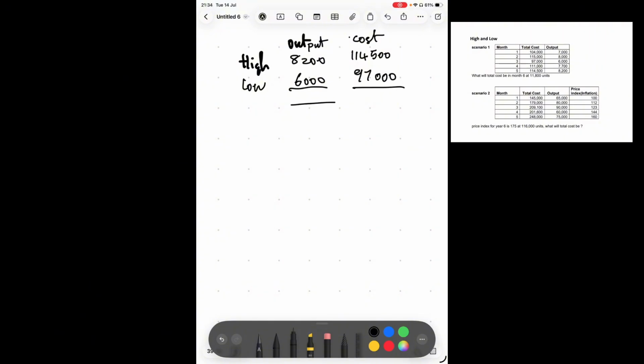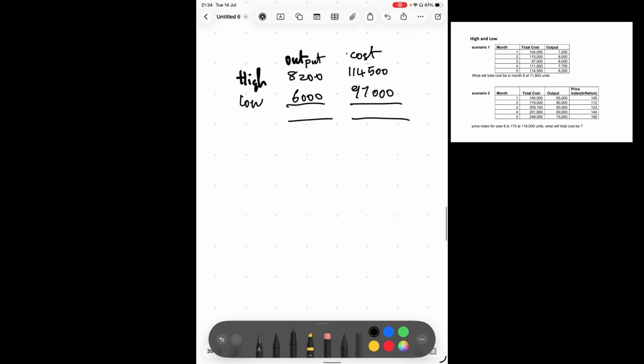You find the difference. This is how to calculate the variable cost per unit using the high and low method. Find the difference between these numbers.